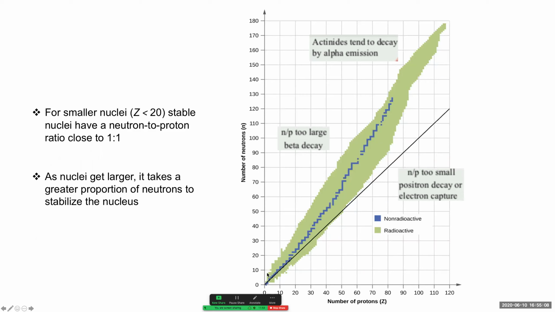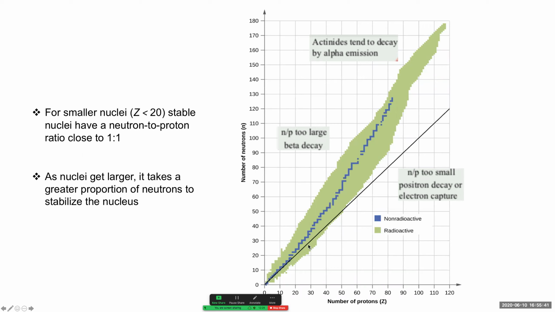You can see that initially the ratio of protons to neutrons for stable isotopes is about 1-to-1. But as we increase the number of protons, go up in the periodic table, this diverges, where the stable nucleus has to have more neutrons than protons. The green zone is where all the radioactive elements exist.